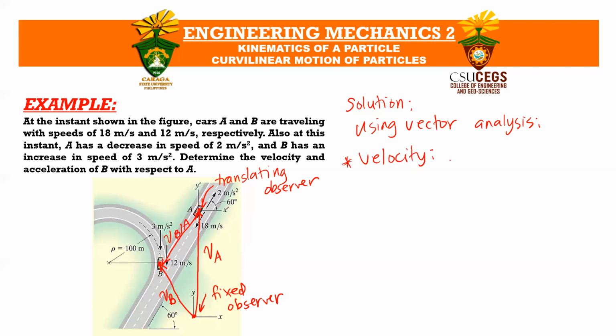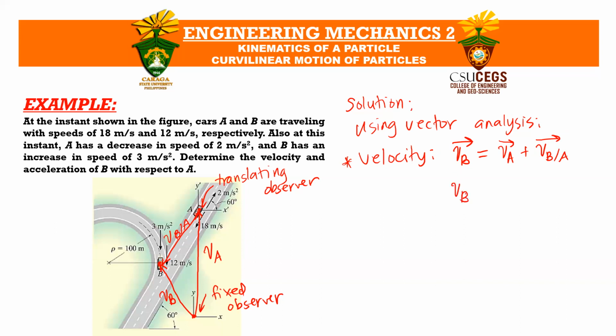So from the figure, using vector addition, we can write that as velocity vector B is equal to velocity vector A plus velocity vector B with respect to A, or B relative to A. So since what we need to determine is the velocity of B with respect to A, we need to arrange this equation.